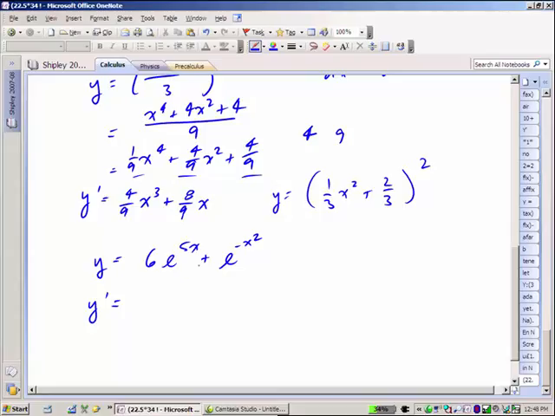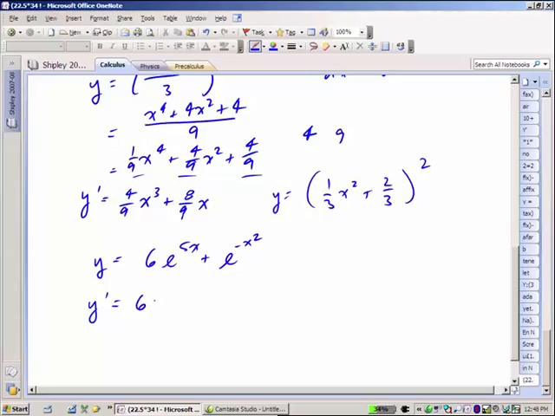6e to the 5x. Someone talk me through the first piece? 5 times. I'm gonna do the 6 first. But what are the two products? 6 and e to the 5x.